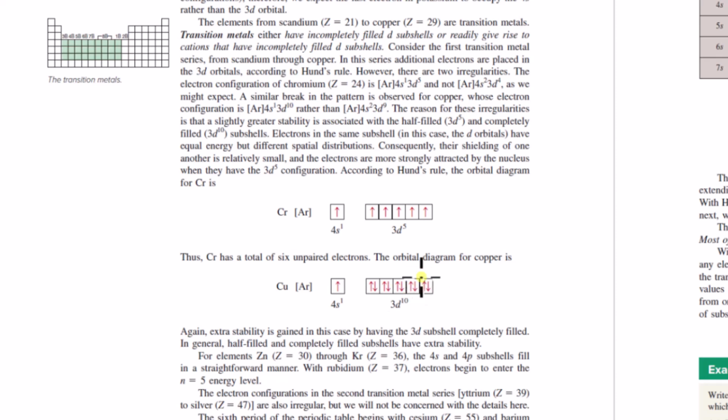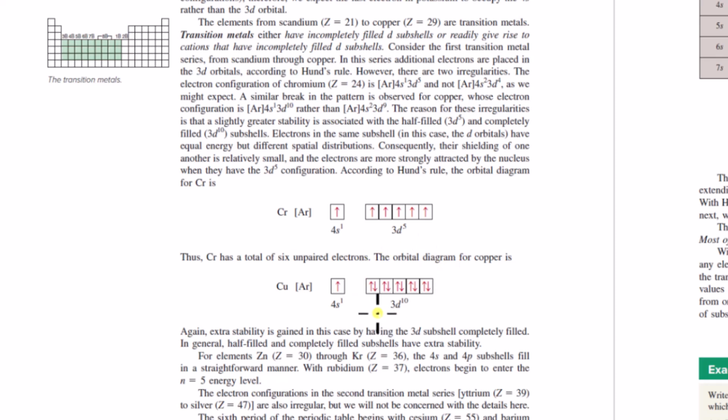If you left this electron here with the 4s, what would you have? You would have a completely filled subshell, and then an incompletely filled subshell with 1 unpaired spin. If you do it this way, like shown here, you have a full subshell that is unpaired, and you have a full subshell that's completely filled, right?